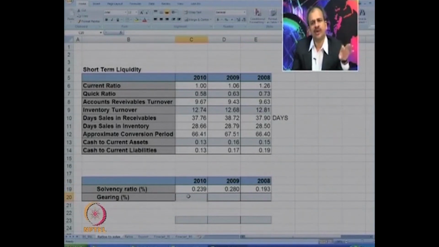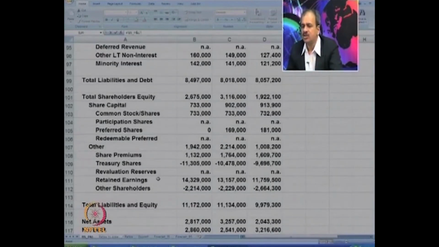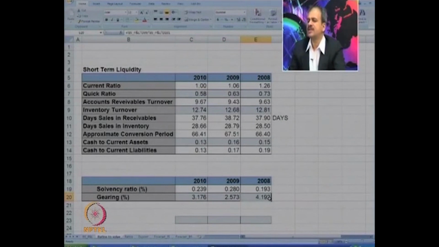Gearing also tries to find a similar thing. In gearing we try to link the total debt versus total equity. So let us calculate it. The total debt, liabilities and debt, we will divide it by the total owners' funds.